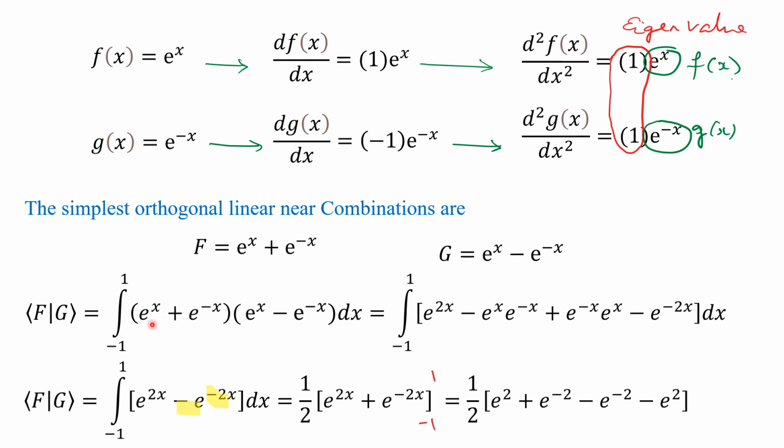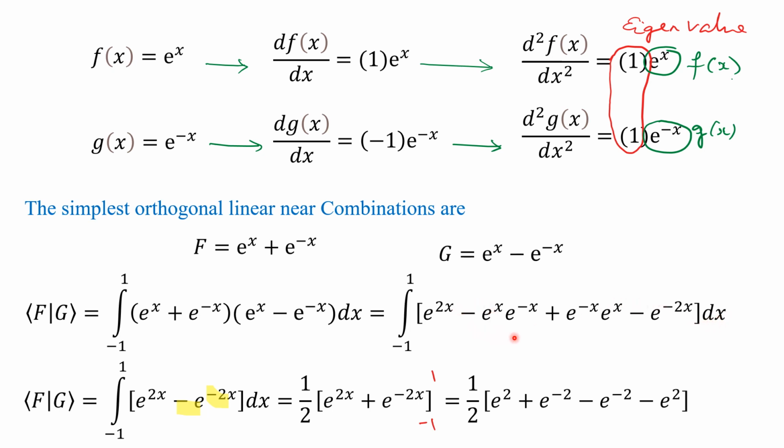Then you remember that there is a negative sign, so that is minus e power x into e power minus x. Next you take e power minus x: e power minus x into e power x, and then multiply, with the minus sign, so this will become minus e power minus 2x. You are integrating with respect to dx.